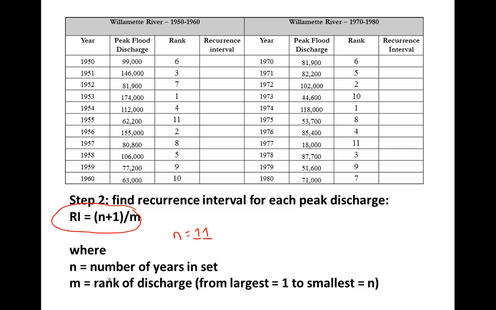M is the rank of a particular discharge. Largest discharge is equal to 1. The smallest discharge has a rank of n, and in our case being 11 because we have 11 years of data in each set.